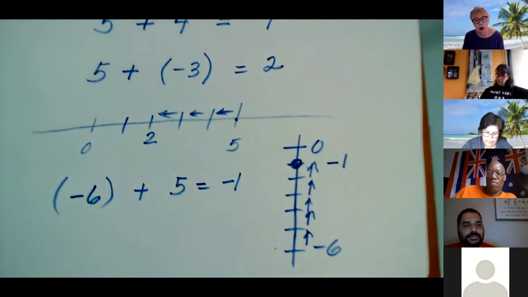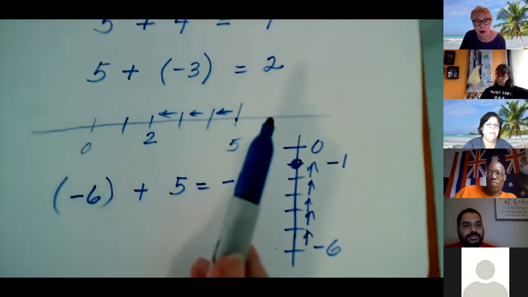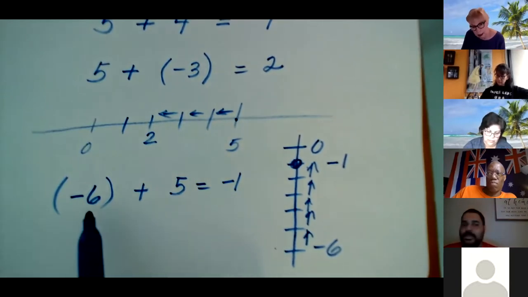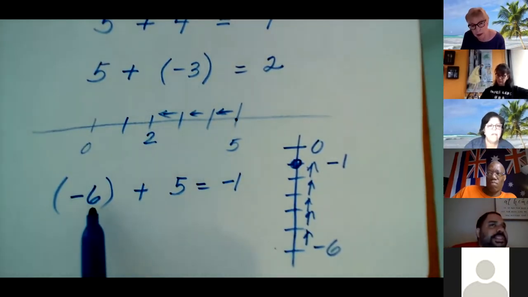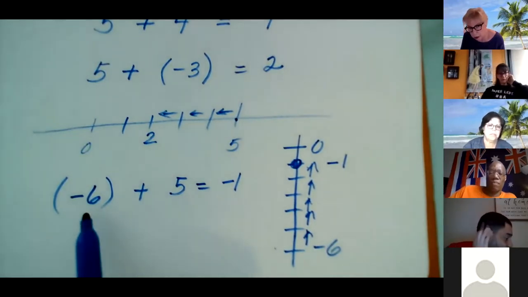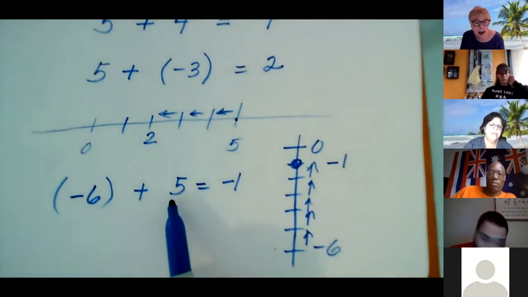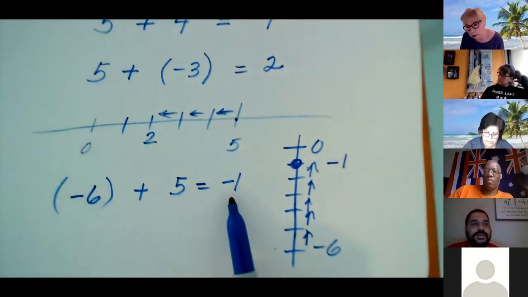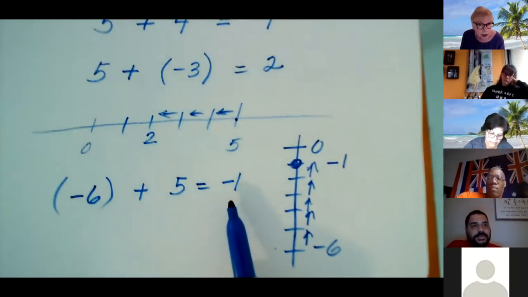So this worked pretty well with the concept of temperature, the concept of adding or subtracting money works. This was, you owed somebody $6. You gave them $5, that's all you had. You still owe them $1. Is this working for you? So this is another way to think of it.